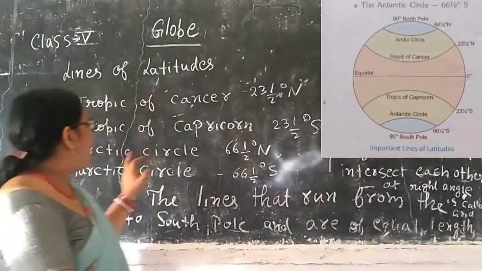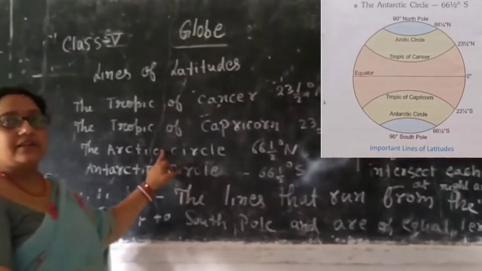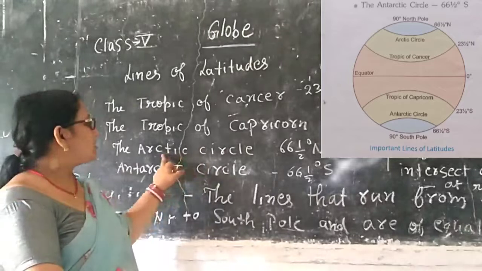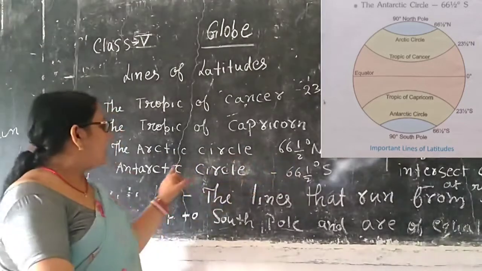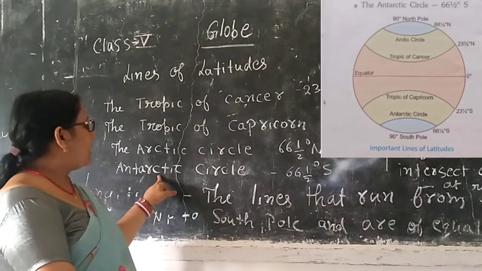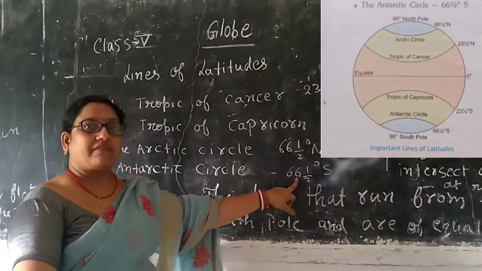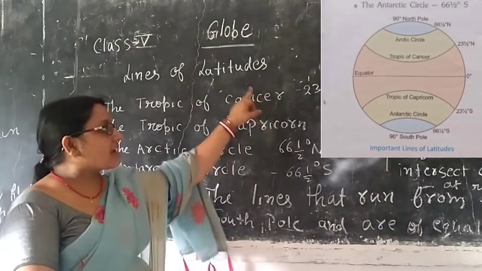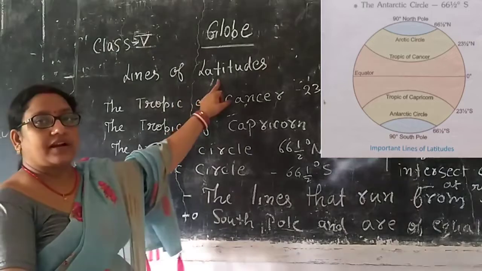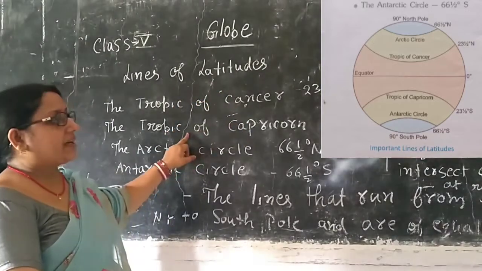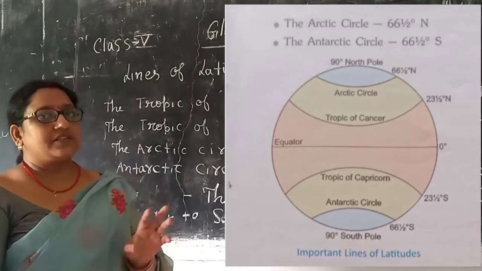Got it? In the northern hemisphere, again there is a line of latitude called the Arctic Circle, which is 66.5 north, and in the south the line is called the Antarctic Circle, which is 66.5 south. These are the imaginary lines of latitude, parallel to the equator, and the equator, you have understood, is the largest line of latitude, which is 0 degree.